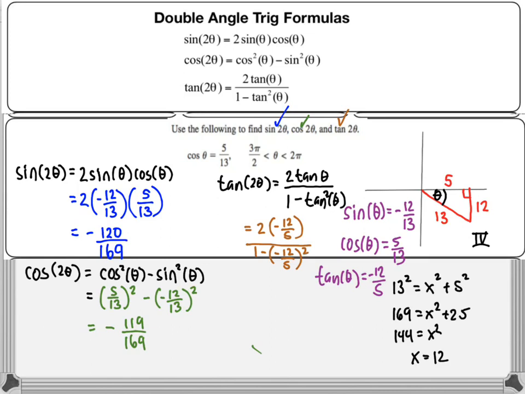After throwing that in the calculator, we are going to get a positive 120 over 119, which means we're 3 for 3 on some yucky looking numbers here.